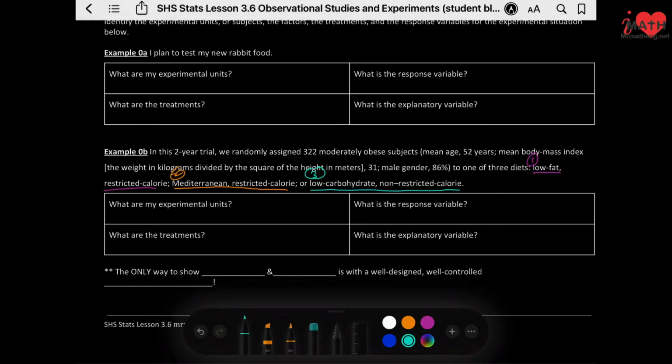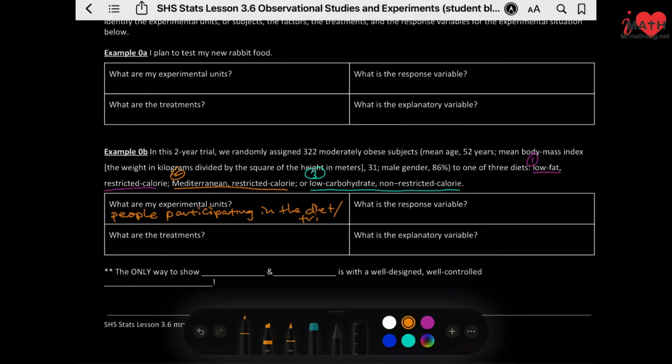All right, what are the experimental units in this problem? They are the people participating in the diet or the trial.